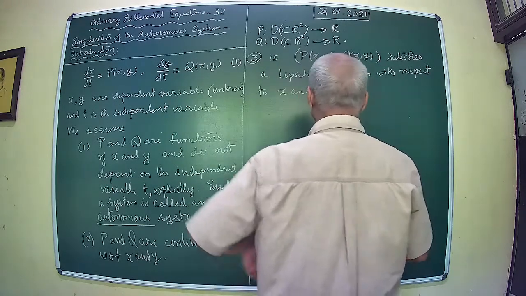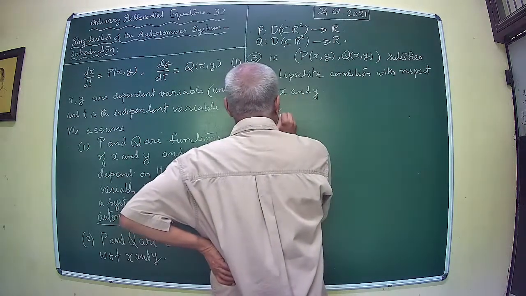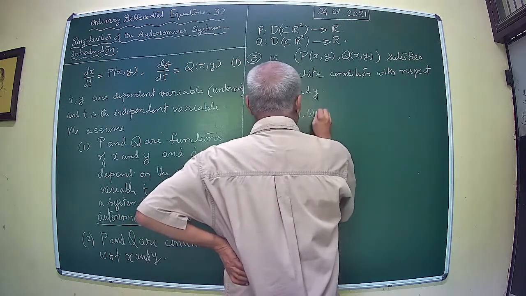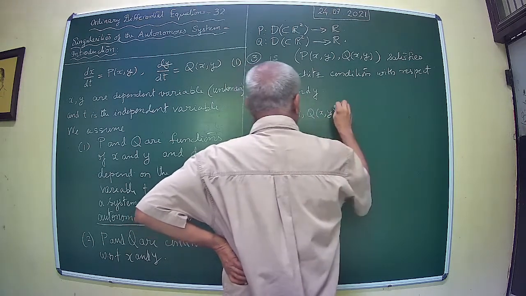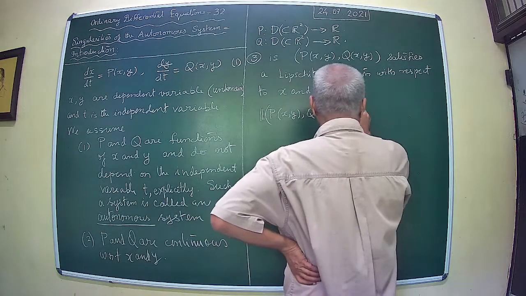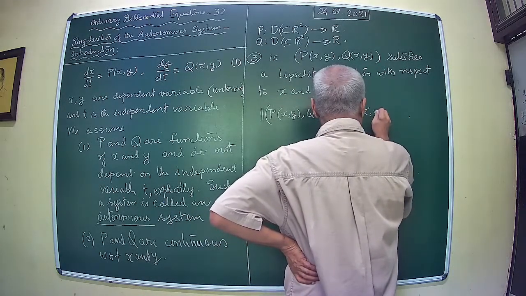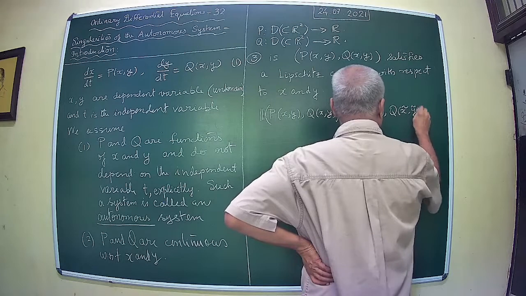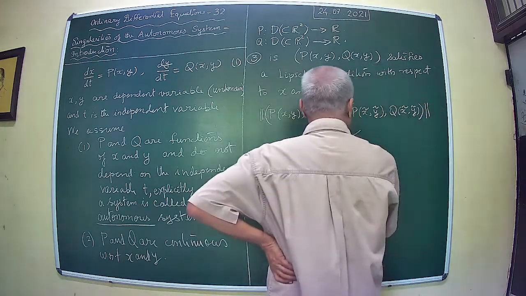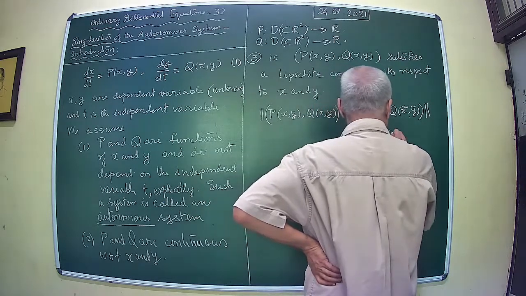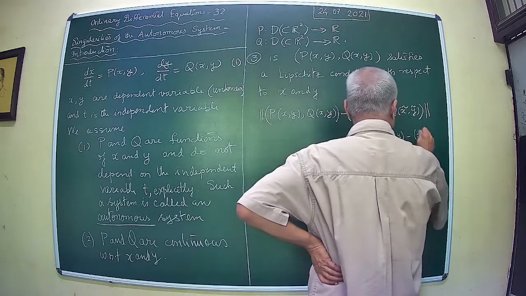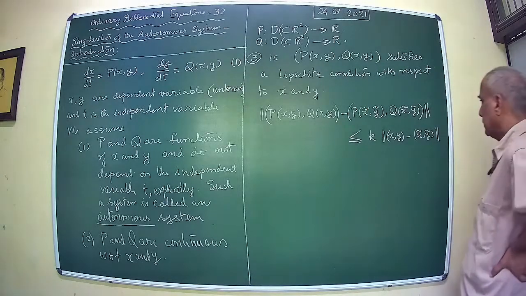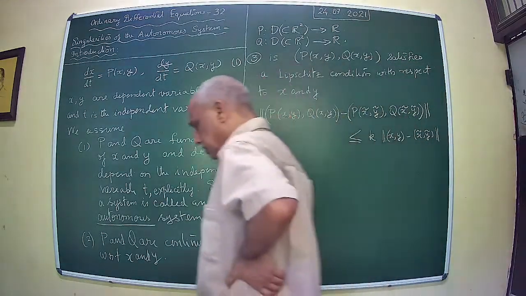that what you have is this norm. This is the assumption that we are making, where K is called the Lipschitz constant.